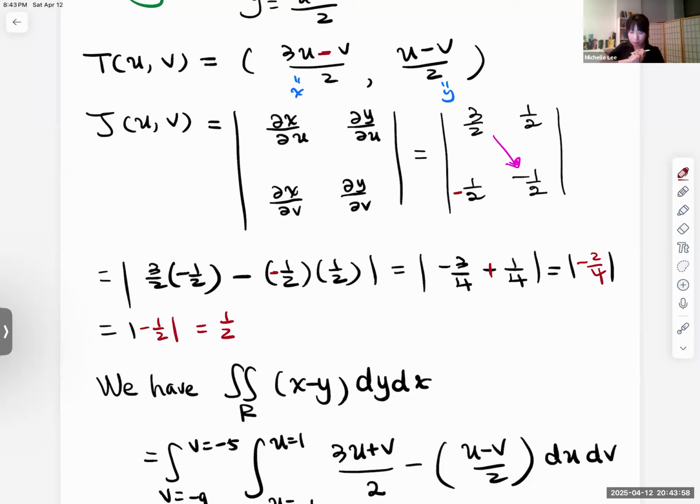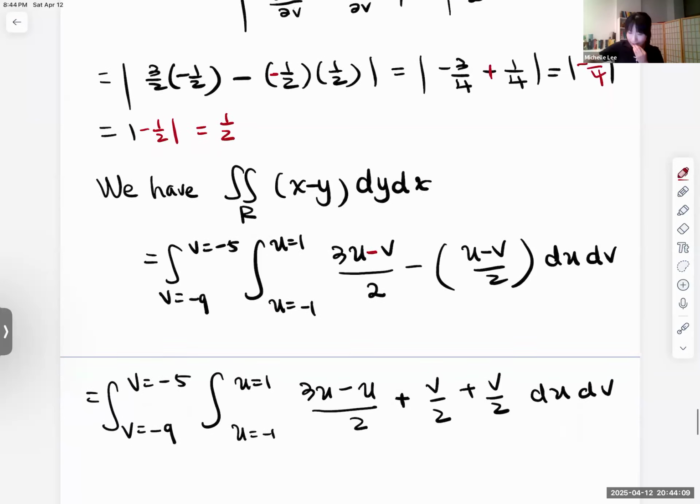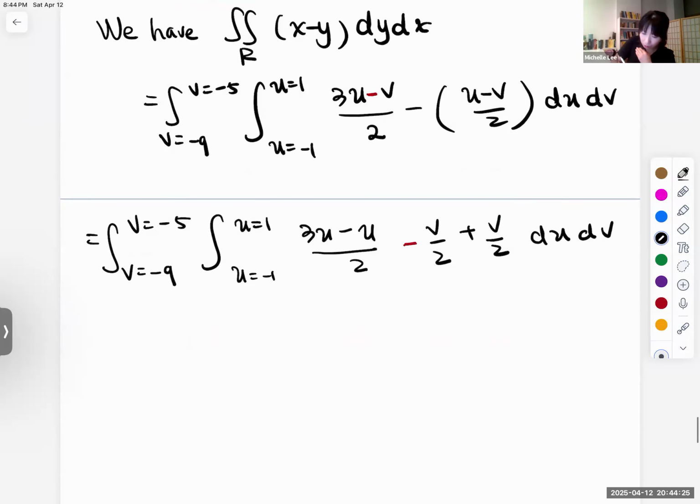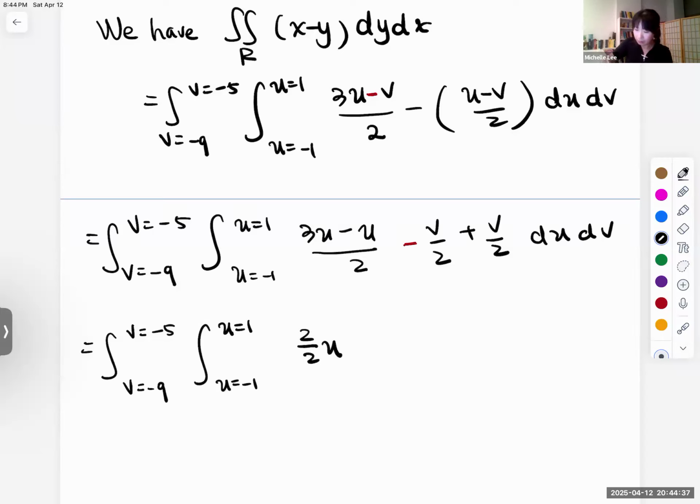Okay. Good thing I found out. Oh my gosh, it's a negative. Okay, then there will be negative. Then we have a 2 over 2u, right? So 2 over 2u, which is the u, right?